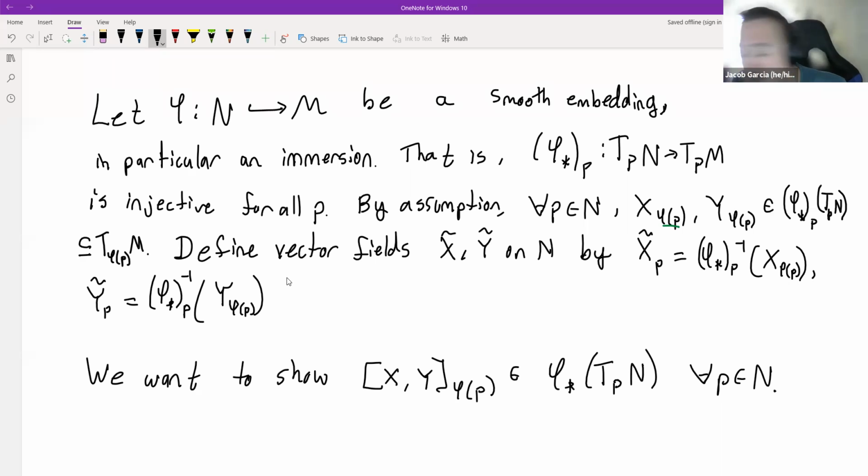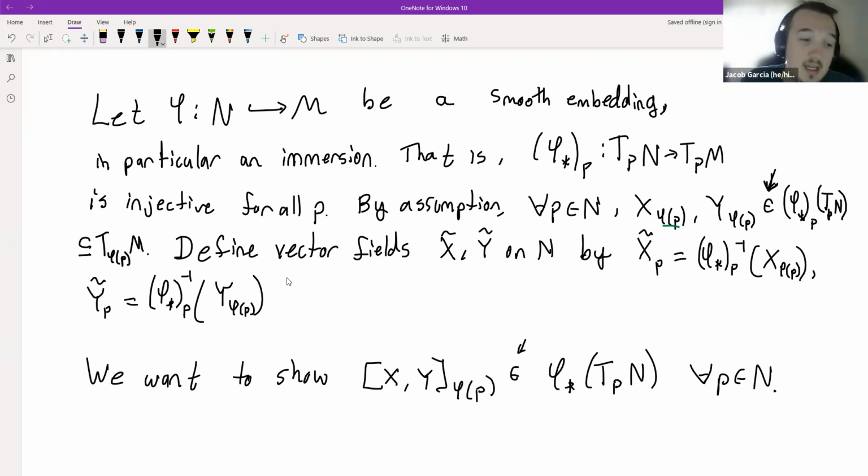Sorry, my cat is really breaking my train of thought here. So this Lie bracket is a vector field, and I want it to be in the same space that both X and Y were. This was the condition on my original vector fields up here, and I just want to show that the Lie bracket has the same condition.